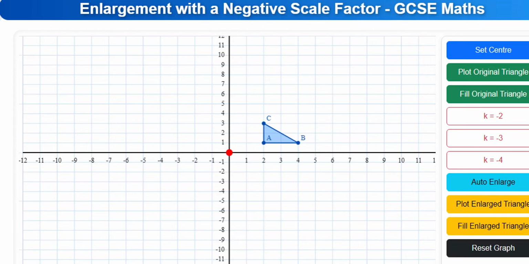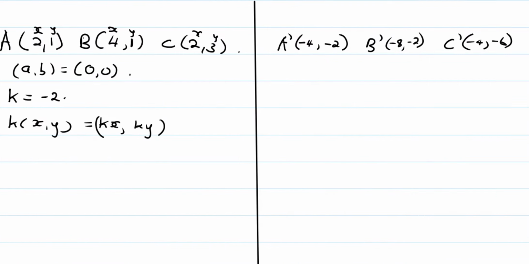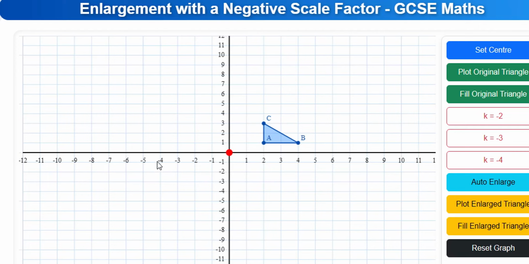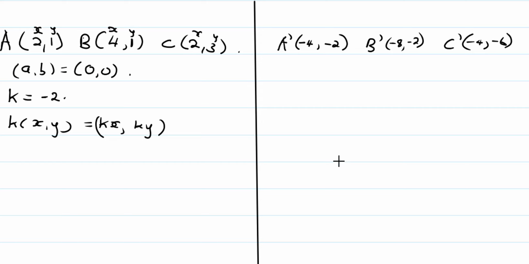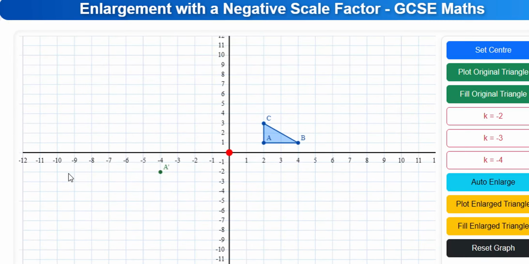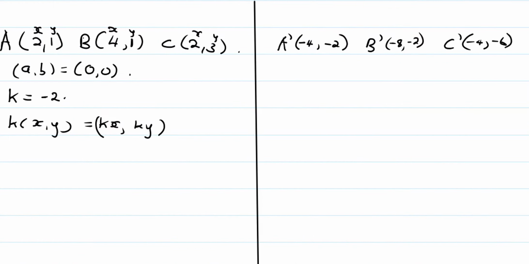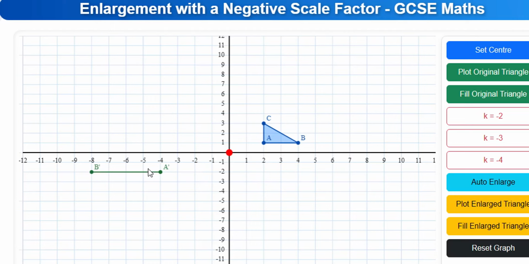Then we plot the enlarged one. The first one is (-4, -2) somewhere there, then B is (-8, -2) somewhere there, and then the last one is (-4, -6) somewhere there, and that becomes our enlarged triangle.